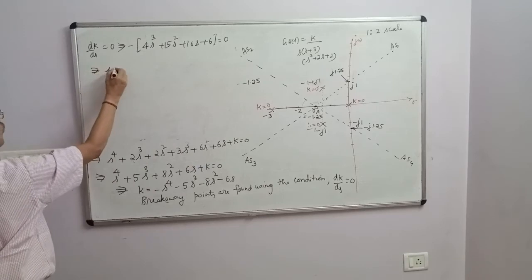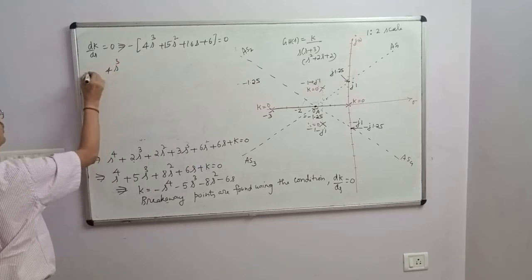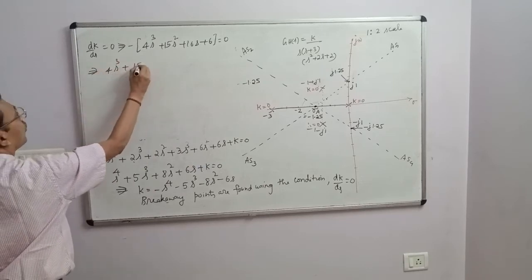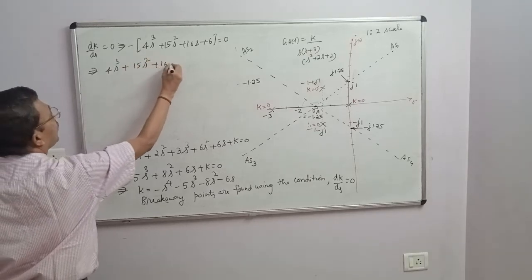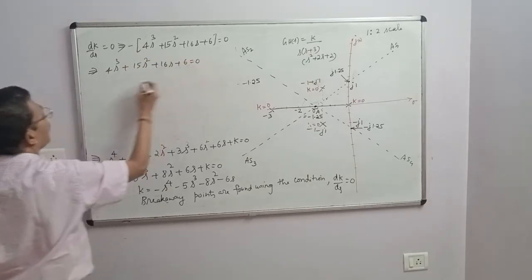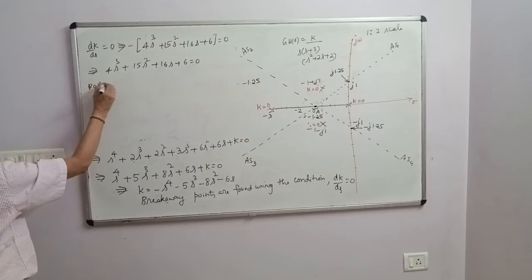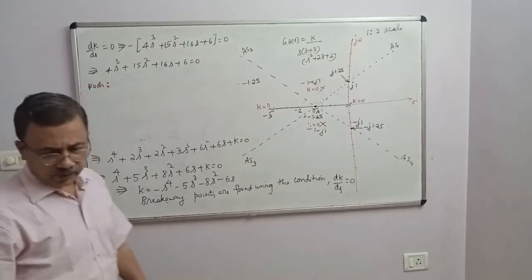This implies 4s cube plus 15s square plus 16s plus 6 is equal to 0. Using calculator find the roots.